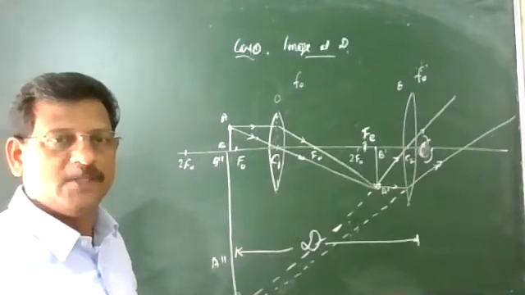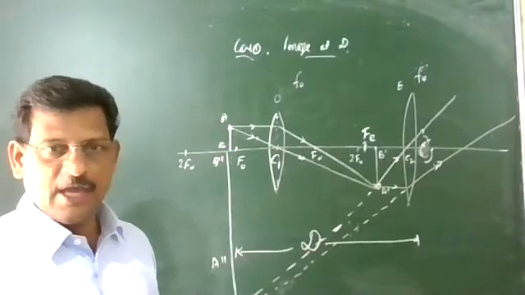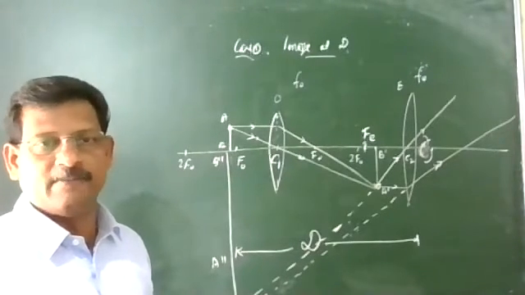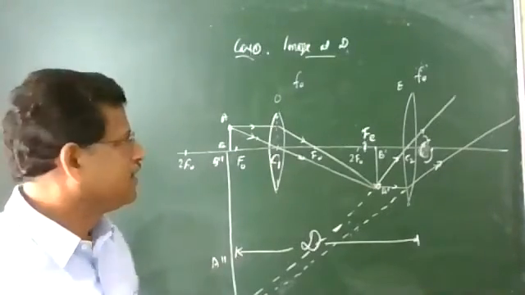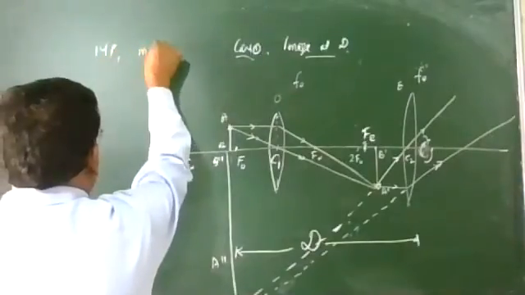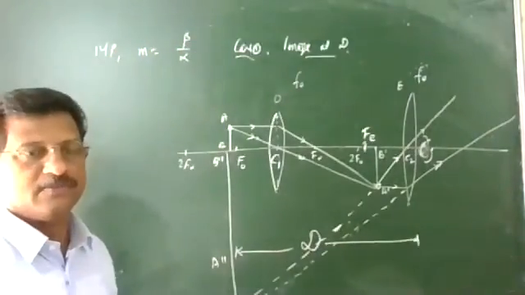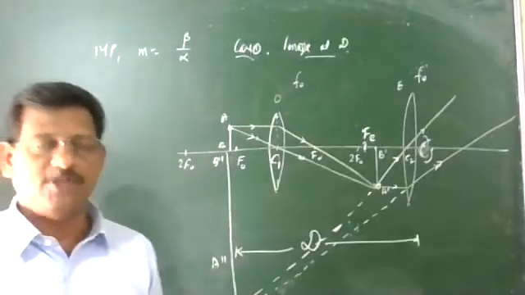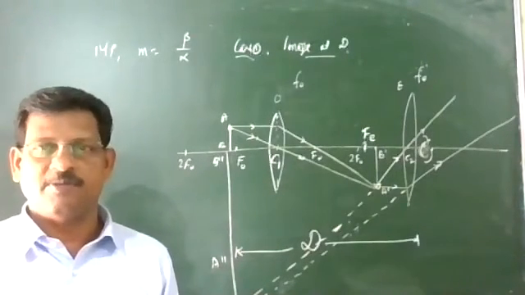So case 1: the image is formed at the least distance of distinct vision. In this case, how do you define magnifying power? Magnifying power is defined as theta by alpha, the angular magnification. It is the angle subtended by the image divided by the angle subtended by the object.